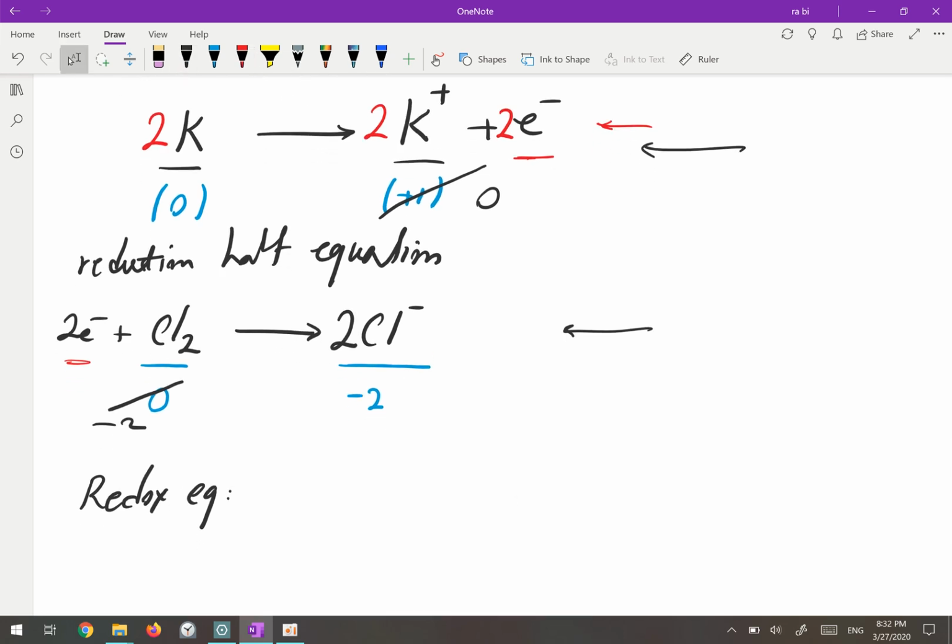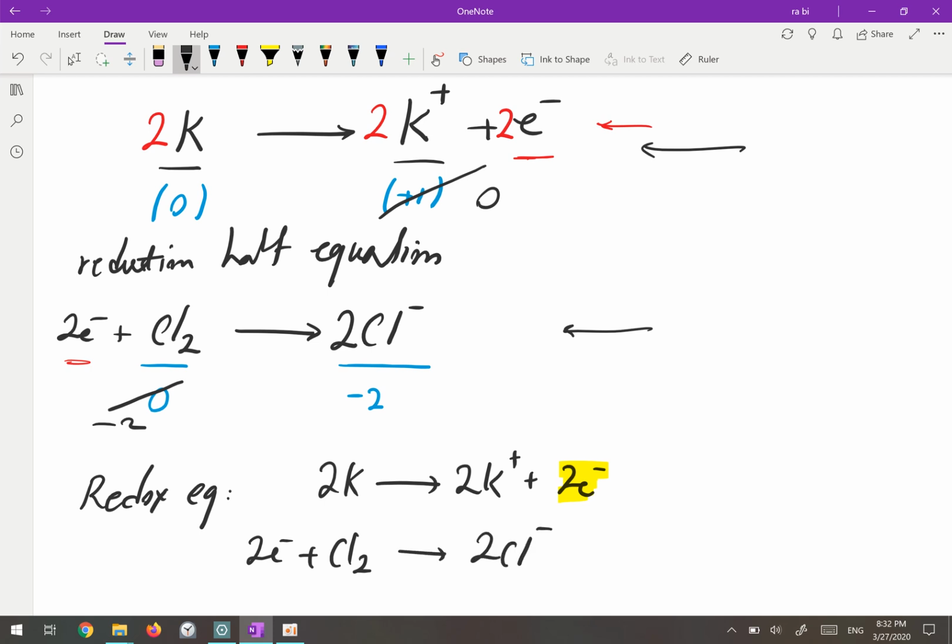So I have the oxidation half equation. It says 2K gives you 2K plus 2 electrons. And remember, in the oxidation half equation, the electron always appears at the right side. It must be like that. For the reduction half equation, I have 2 electrons plus Cl2 gives you 2 Cl minus. And again, for the reduction half equation, the electron must appear at the left side.